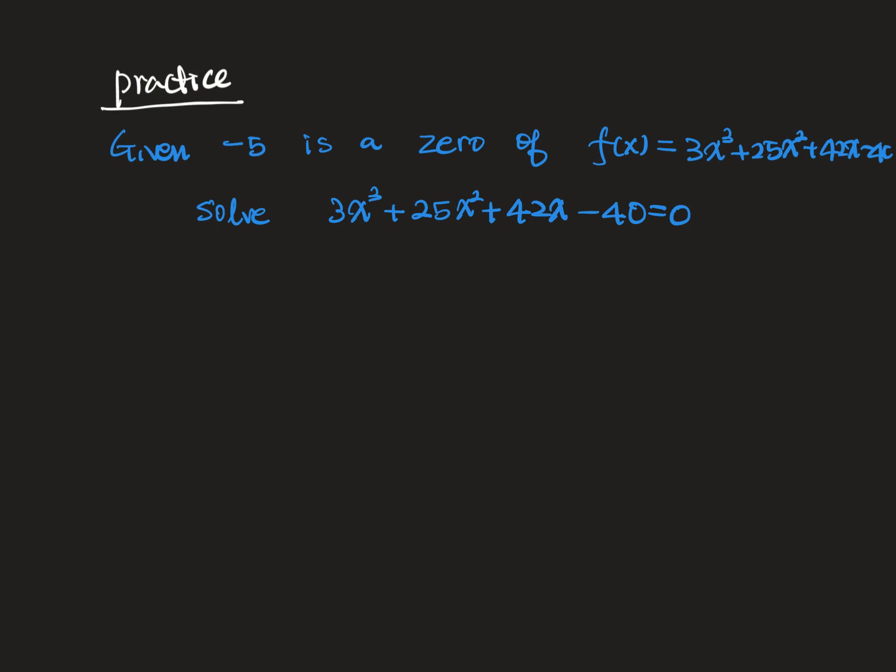So this one, they give negative 5 as a zero. So you have in your mind x plus 5 is a factor. So then you know the factor. So first step, what? Synthetic division.